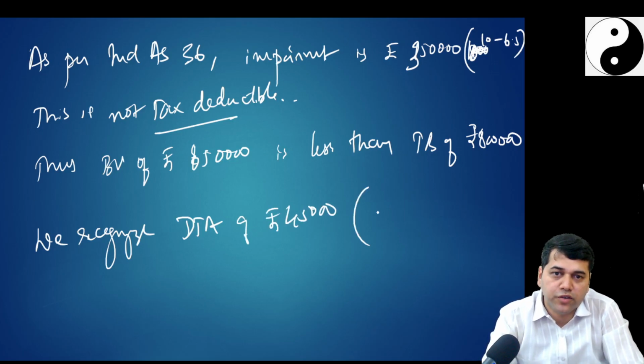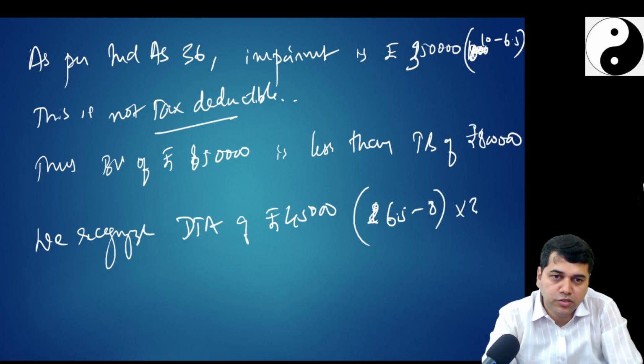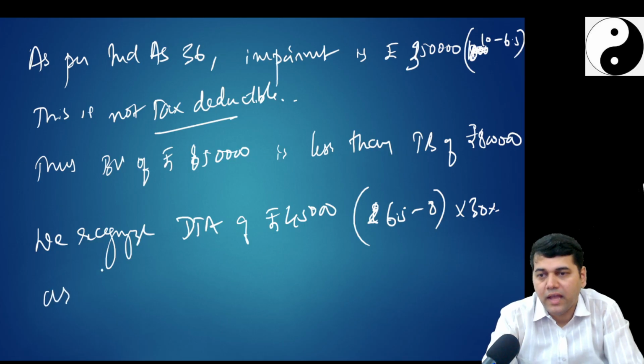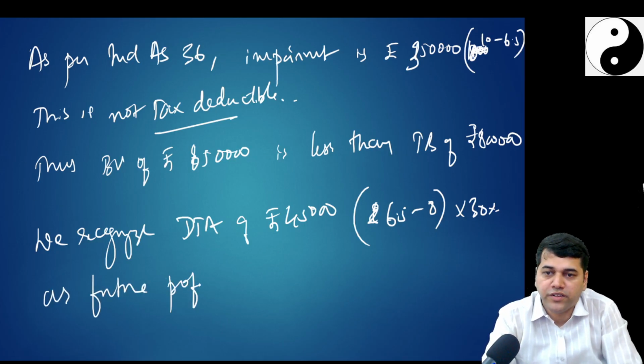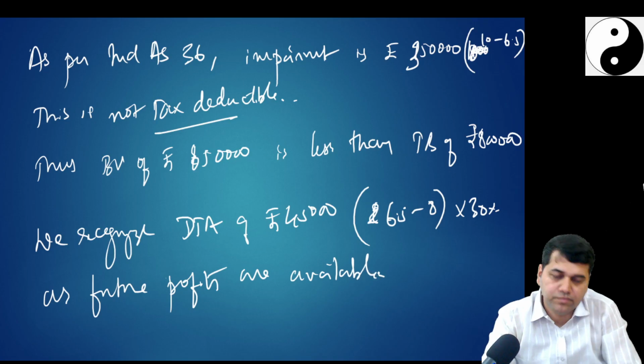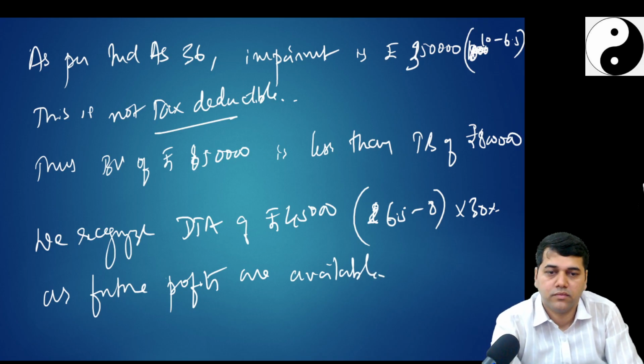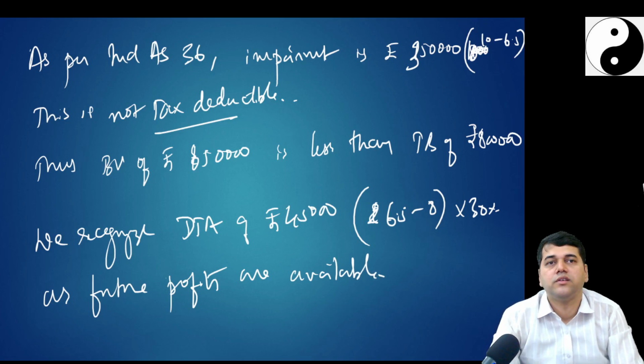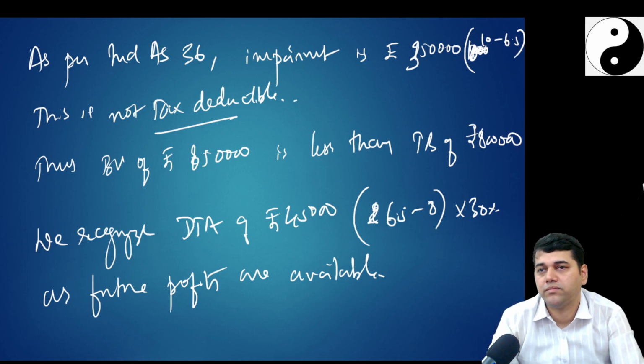How did you get this 45,000? 6.5 minus 8 into 30%, as future profits are available. Are you clear? That's it.